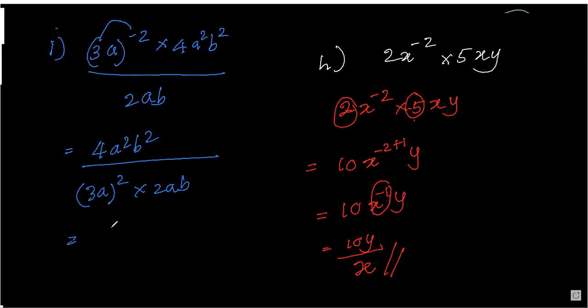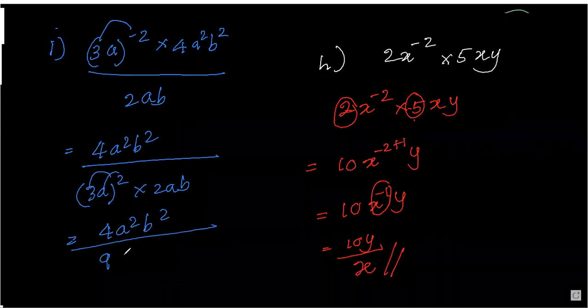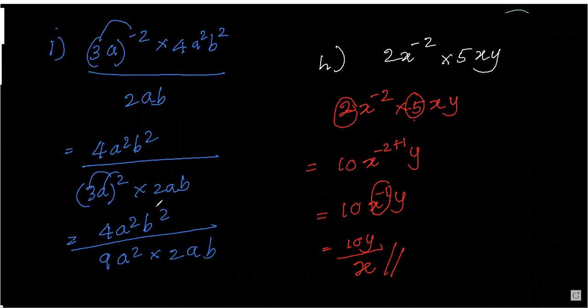Now you can simplify 4a squared b squared. 3 to the power 2 means 9. a to the power 2 means a squared, into 2ab. Simplify. Here 1b for this and here also 1b, remove. And here a squared to a squared simplify. How many 2's here? 1, 2. How many 2's here? 2 2's. Then you can write the answer 2b over 9.